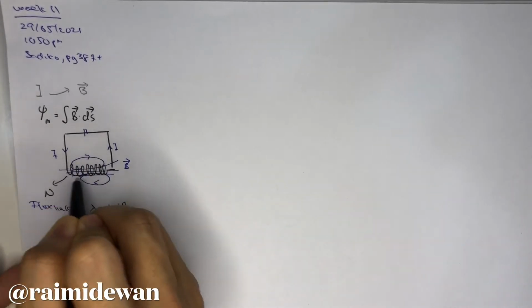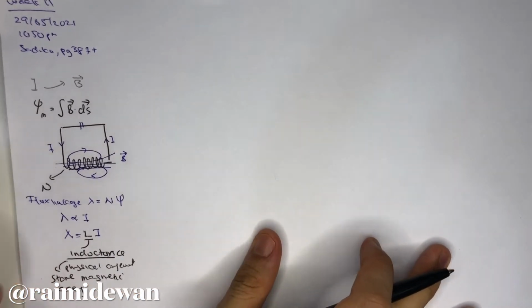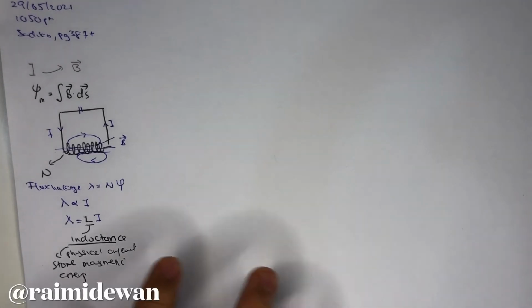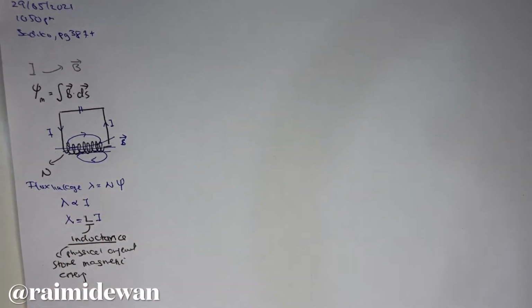Like this is the physical arrangement. Now we may further extend this equation of inductance by relating it with the magnetic flux linkage and also the current through the inductor, and also with your N.